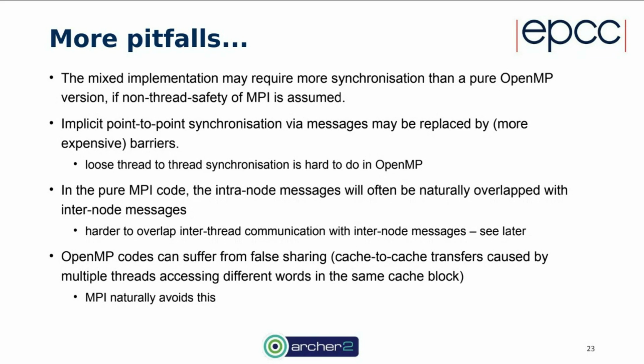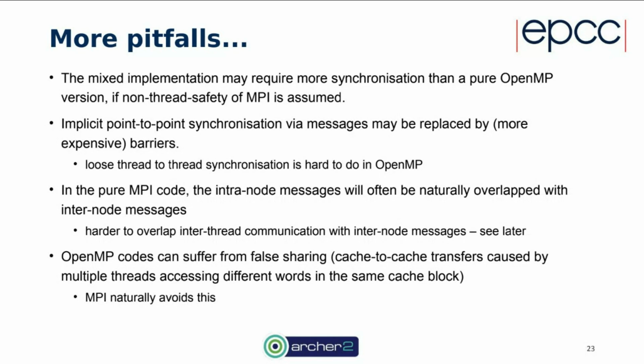So that's maybe surprising, but we talked last time about how expensive OpenMP barriers can be, and that a full OpenMP barrier across 64 threads might actually be more expensive than doing a halo exchange inside a node between 64 MPI processes.